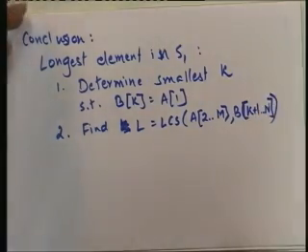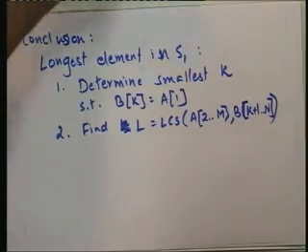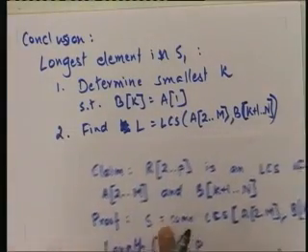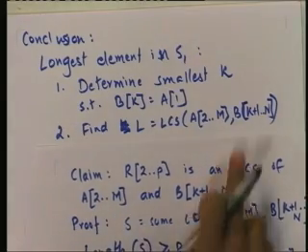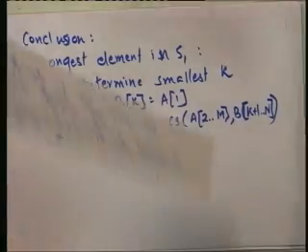Why did we do this? Well, this came immediately from our claim. R2P we claimed is an LCS of this. We do not know what this is, so we just find it. We just use recursion for it.